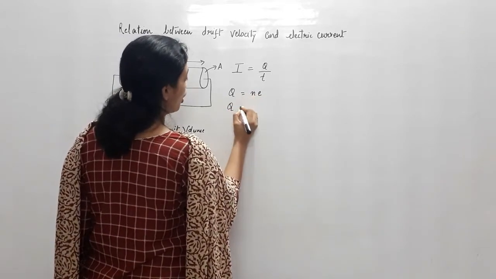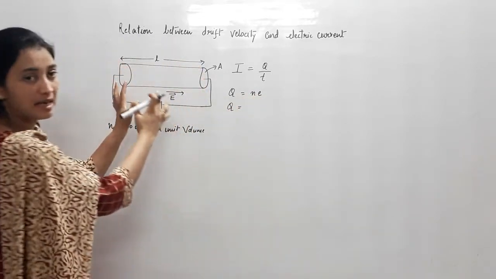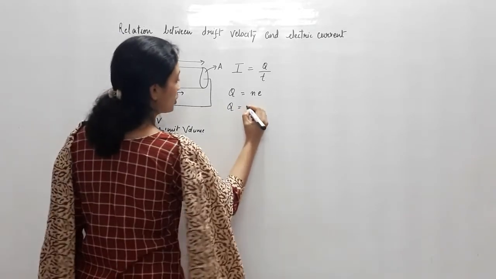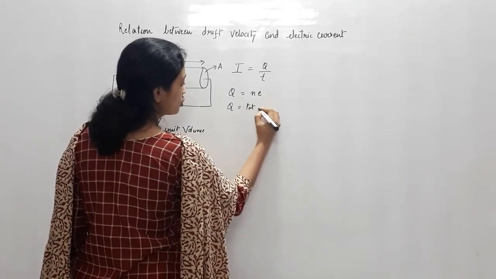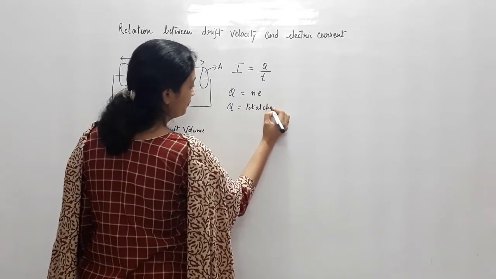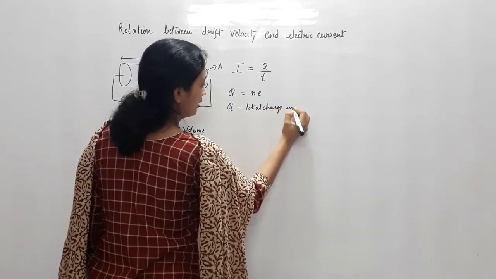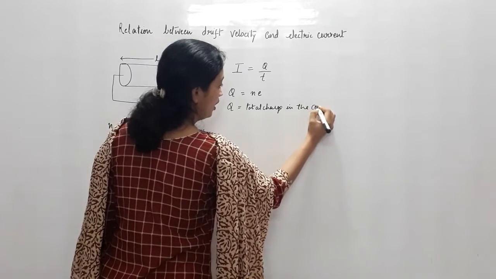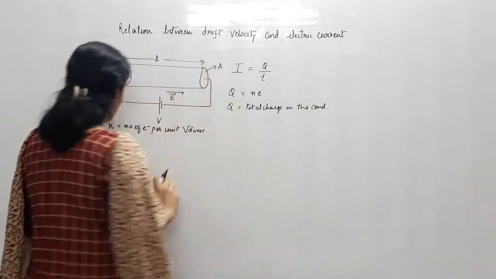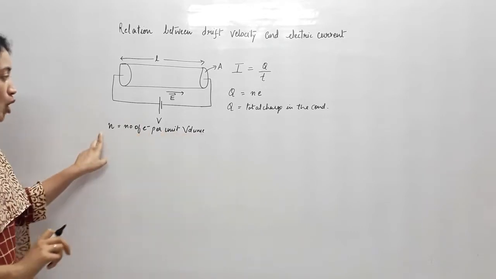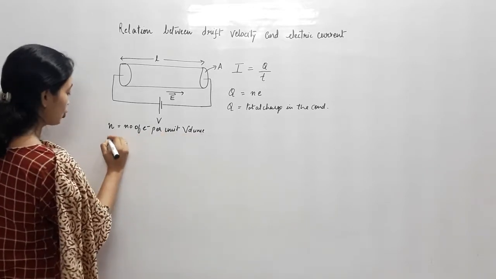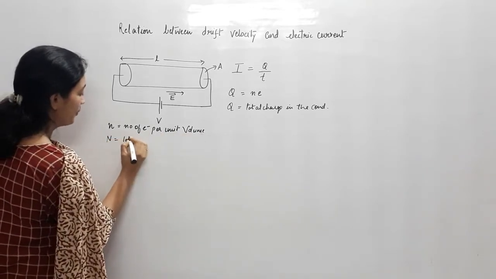If I want the total charge in this conductor, how to get it? The number of electrons per unit volume is small n.